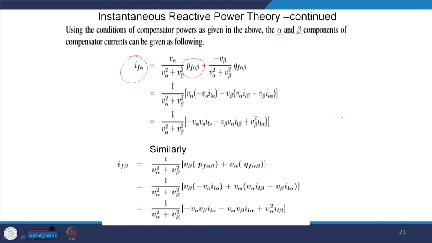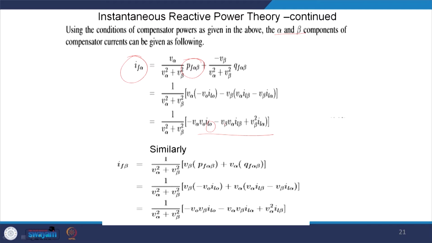Similarly, if you combine this equation, essentially you get this expression. So, it is 1 by V alpha square plus V beta square, minus V alpha V 0 I L 0, that is the load component of the zero sequence component.